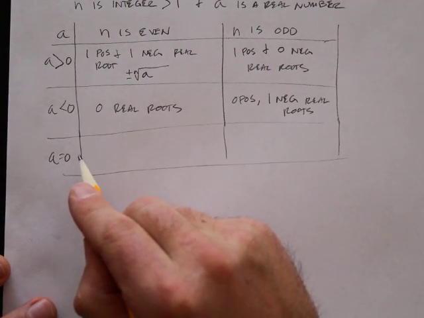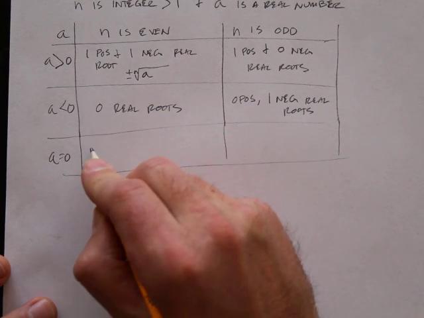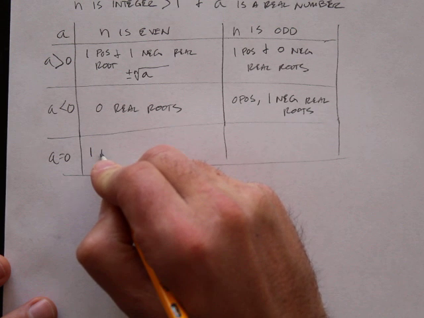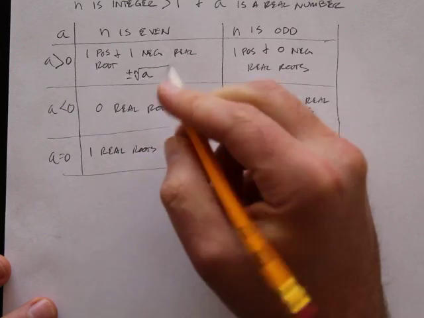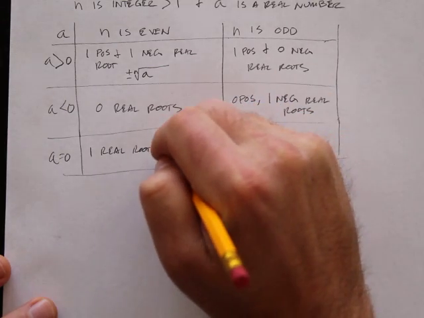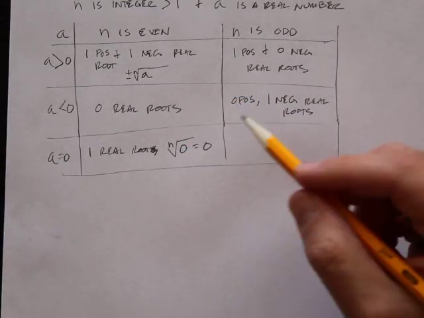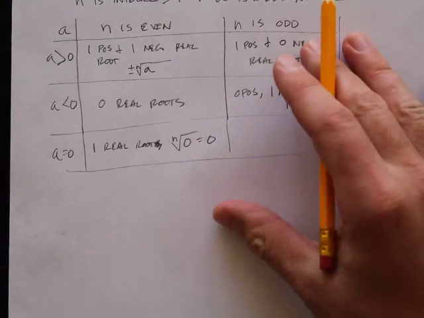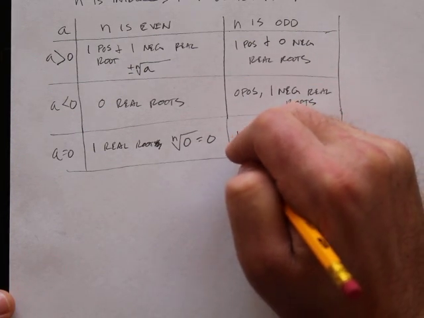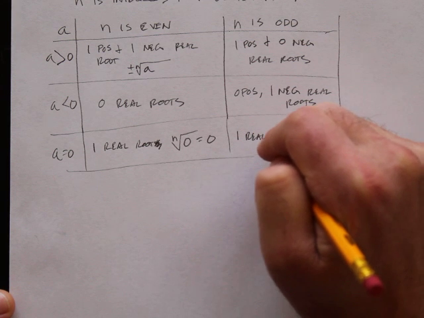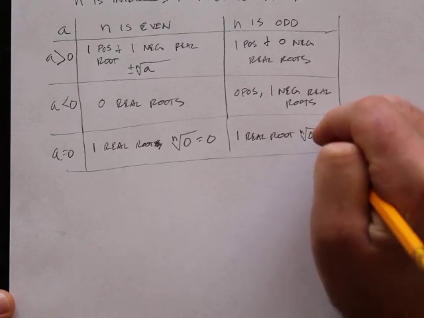And when A equals 0, when the radicand is 0, you've got 1 real root, and the square root, or whatever the root of 0, is 0. Same thing if N is odd: 1 real root, and it is 0.